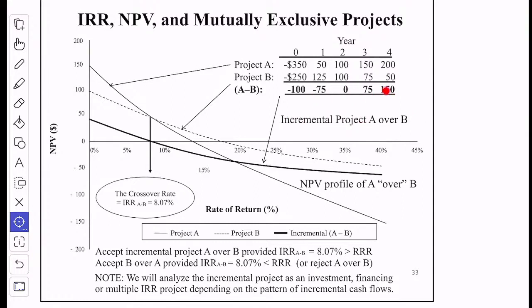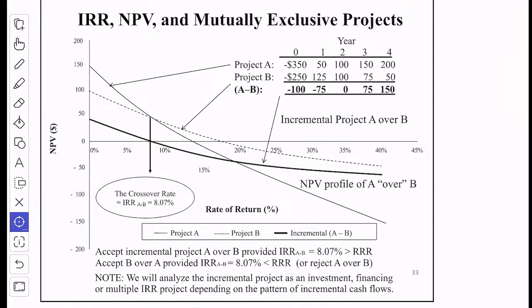The IRR of these cash flows will be 8.07, and this dark bold line represents that NPV profile. So I've left all the curves here, but in fact, the only one you need to look at is this one. And what does it say?